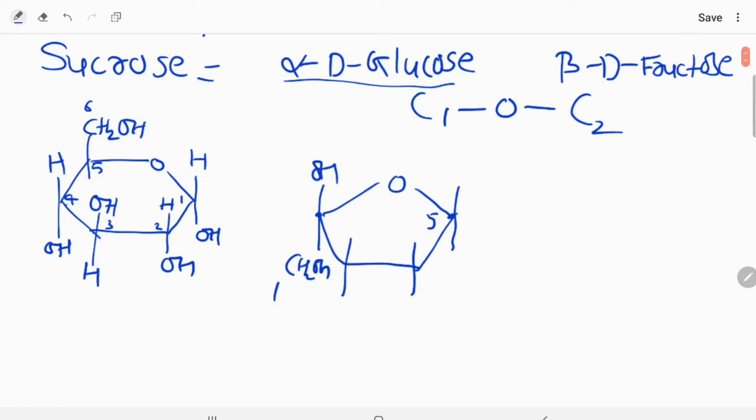Here there will be carbon number 1, it's 2. Here it's 3, here it's 4, here it's 5. Okay, very good. And there will be CH2OH, it's carbon number 6. Now on third carbon there is 1 OH, 1 H, and on fourth carbon 1 H, 1 OH.